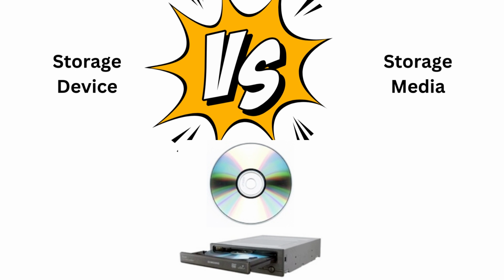Flash memory is the media used to store data, whereas a USB drive is used to contain the flash media so that it can be read by the computer after it is plugged into a USB port. So those are some examples that show the difference between the CD-ROM and the CD drive. What is the storage device and what is the storage media, right?